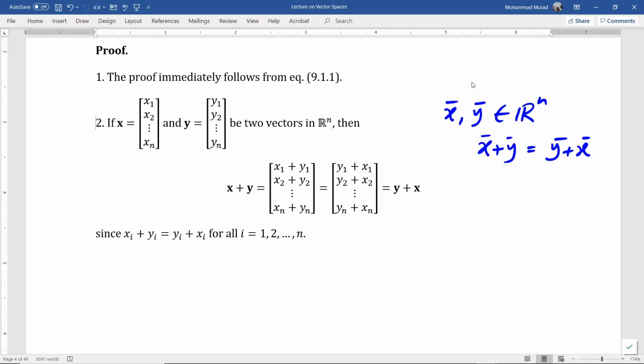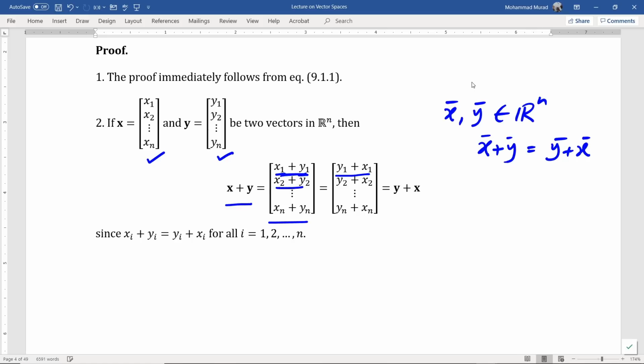To prove that, let's take two vectors x and y, as shown here from the set Rn. Then we add these two vectors by following the definition of vector addition. Since x1 and y1 are real numbers, we can commute them. So the sum x1 plus y1 here can be written as y1 plus x1.